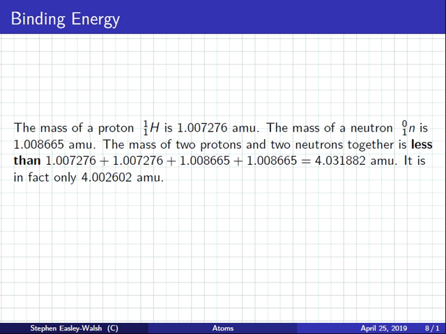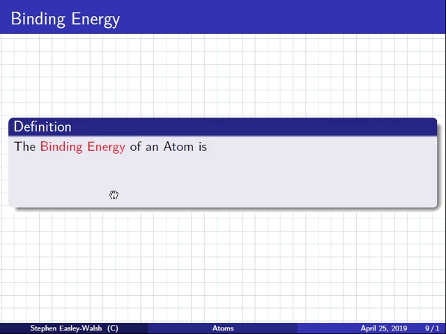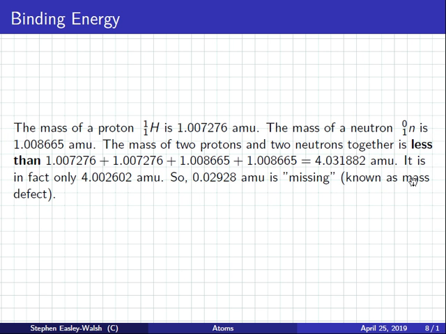And then I separate them. Now I have 2 again. That's very, very strange. So, again, 0.2928 is missing. This is called the mass defect, the missing mass. Now, before I continue, I think you need to write down that word at least. Mass defect is what you might call the missing mass.